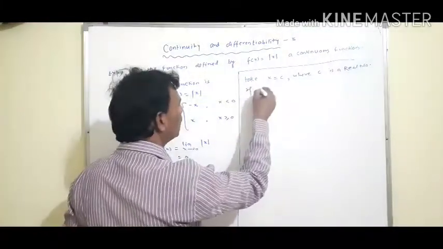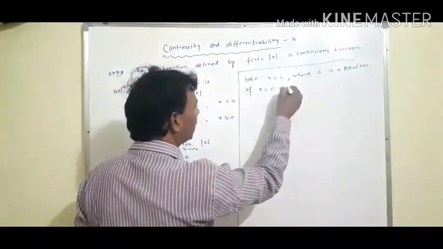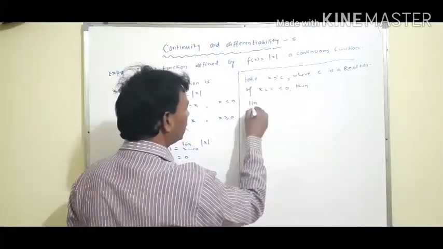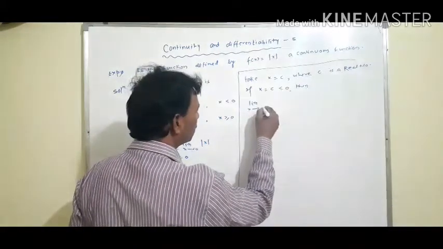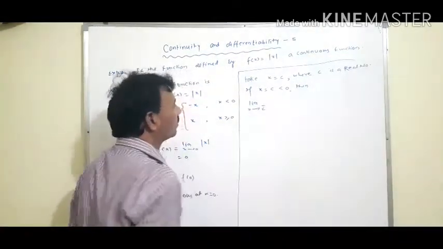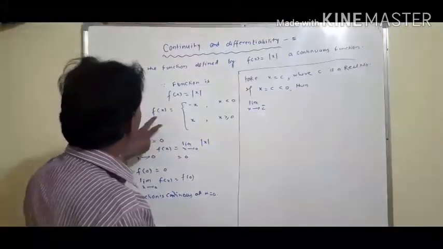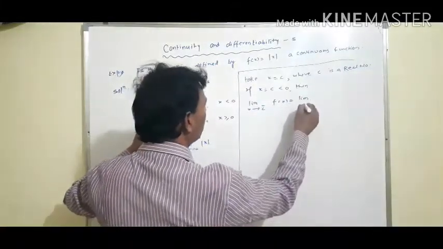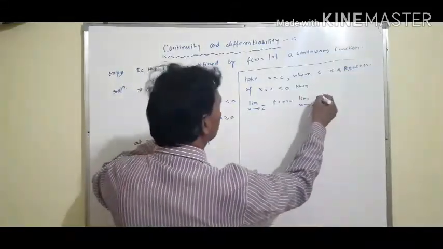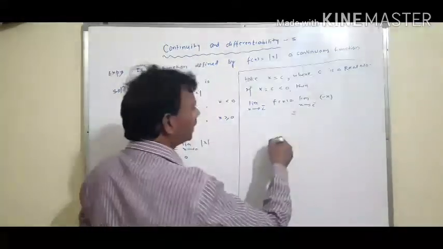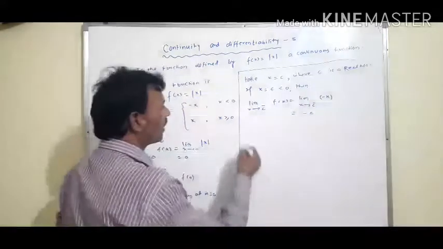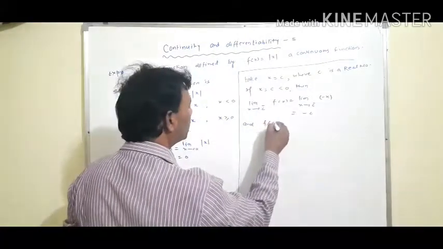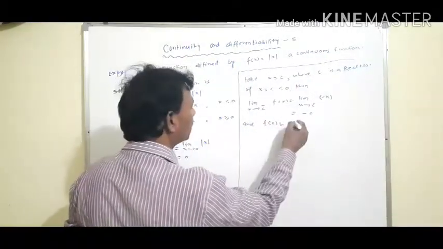If c is less than 0, then limit x to c negative of f of x equals limit x to c negative of minus x. If you transfer this limit, this will be minus c, and the value of the function at x equal to c, f of c, equals minus c.